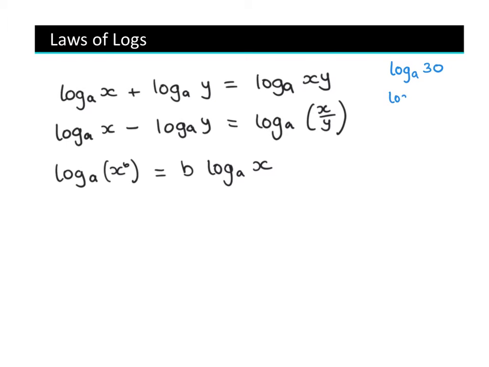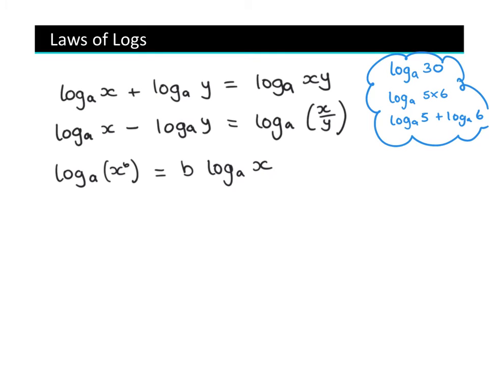So I could write this as log to the base a of 5 times 6, which I know I could rewrite as this. Do not forget, if we can manipulate one way, we can manipulate another way. It's just a bit of a reminder.